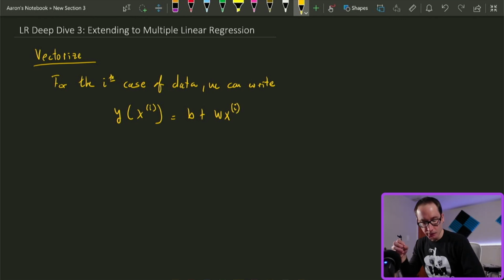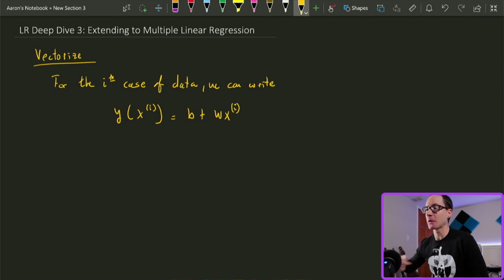Okay, so that's how I'm expressing just the simple. We're still going to start with the simple linear regression, but we want to be able to write this expression in a vector notation. So this is for the ith case of data.